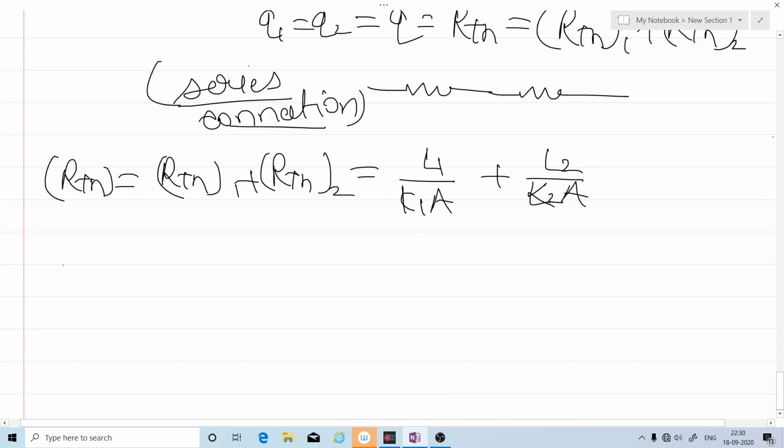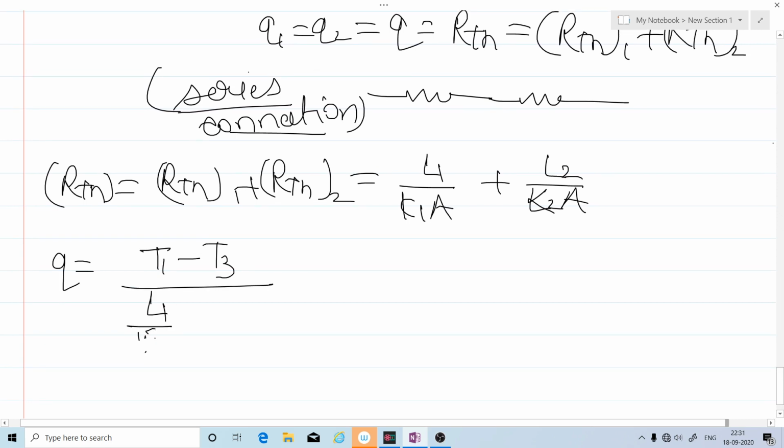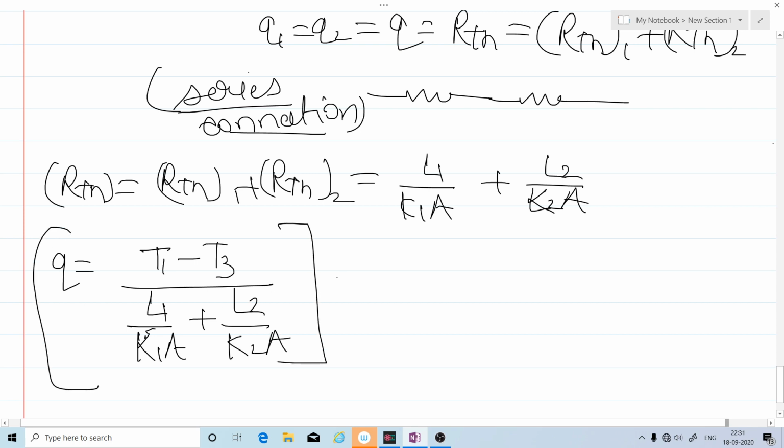Therefore heat transfer can be written as T1 minus T3 divided by total thermal resistance, that is L1 by K1A plus L2 by K2A. This is the heat transfer taking place in watts.